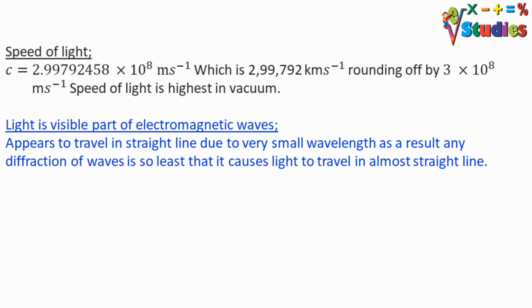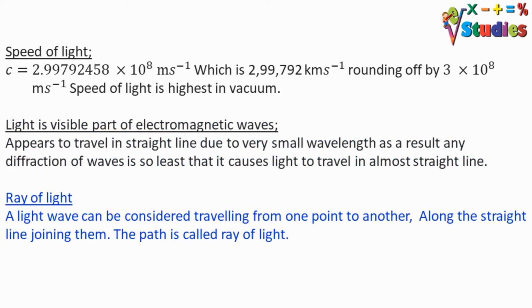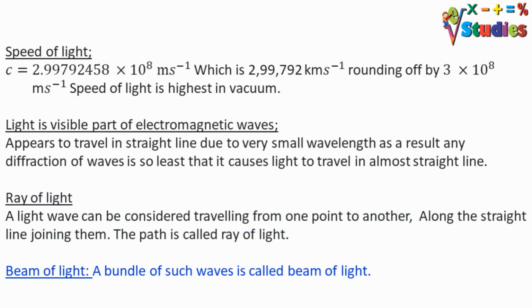So the light wave travels from one point to another in a straight line. If you join the path of the light wave, we call that path a ray of light. And when you bundle such rays, it is called a beam of light.